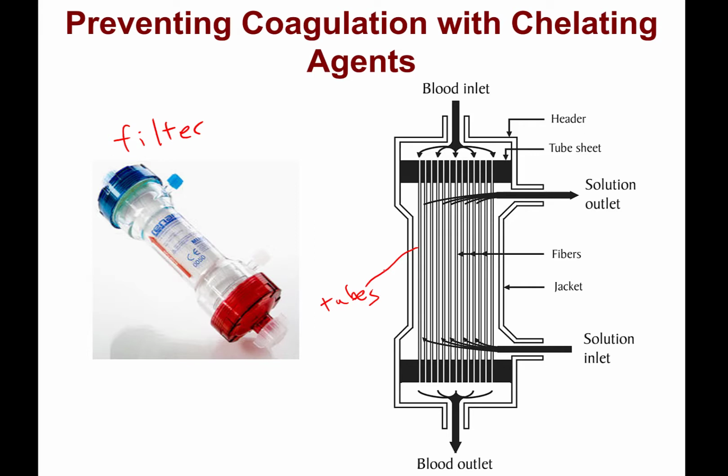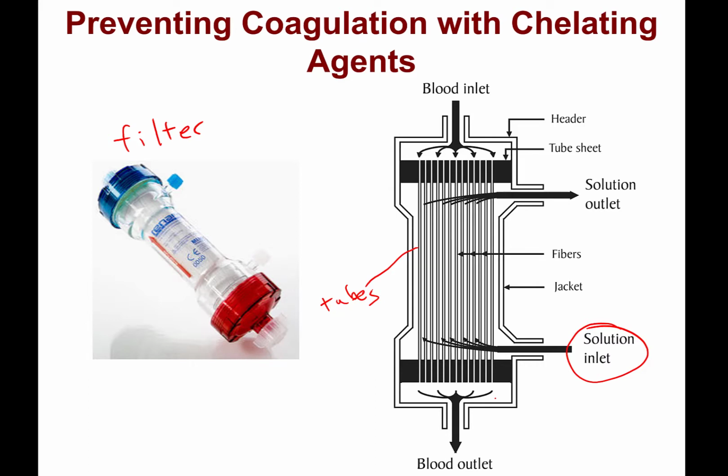Your blood flows in the top, then flows through each of these tubes within this filter cartridge, and comes out on the other side through the blood outlet. There's also, in the space around these tubes that the blood's flowing through, some solution. That's your dialyzing solution, with an inlet and an outlet to remove those toxins.